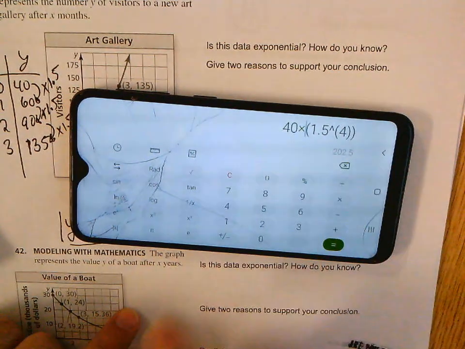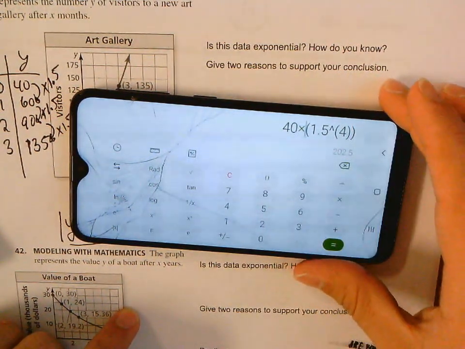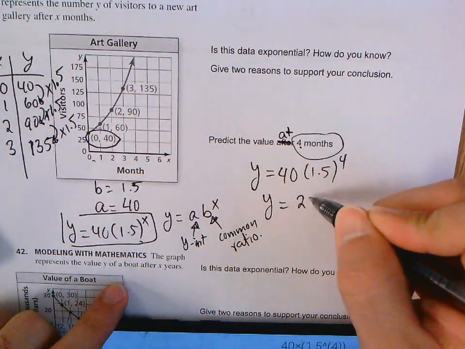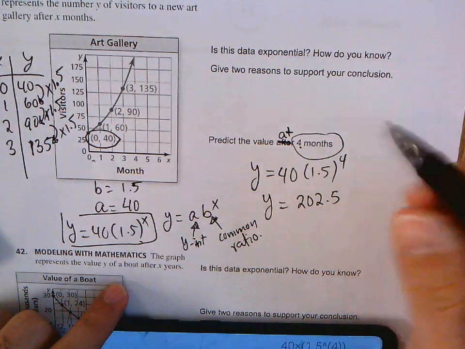It gives me 202.5. So 40 times 1.5 raised to the power of 4 gives me 202.5.